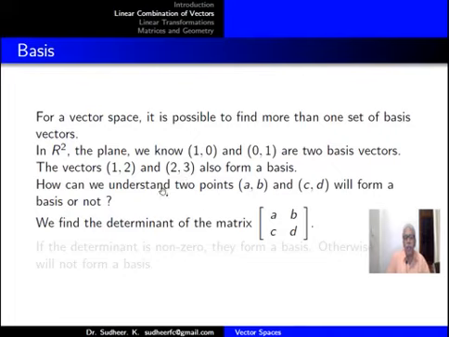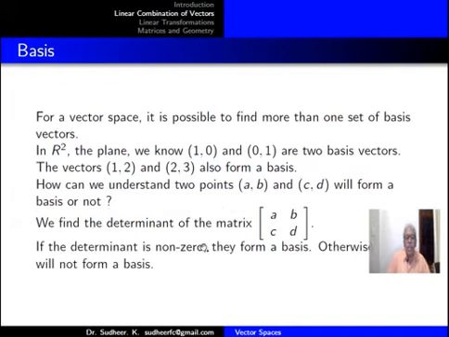When you write it, you will get the determinant to be non-zero, or the two vectors will form a basis. So, if (a, b) and (c, d) are taken, and if the determinant of the matrix [a, b; c, d] is non-zero, we get (a, b) and (c, d) to be a basis. Otherwise, they will not form a basis.